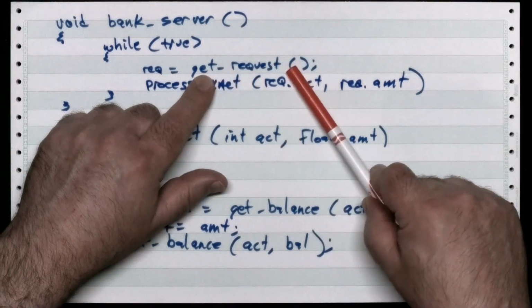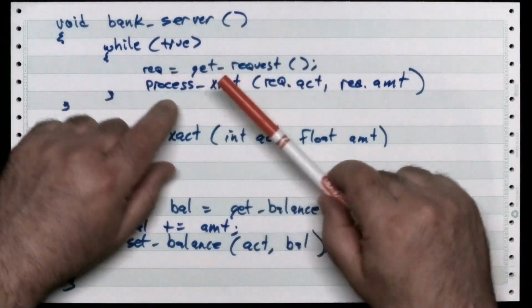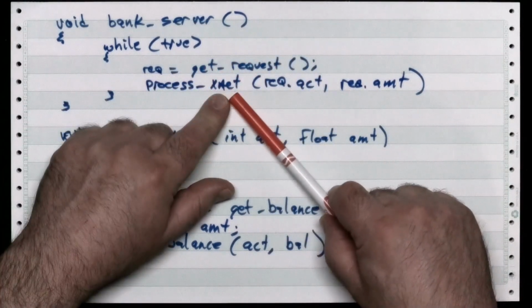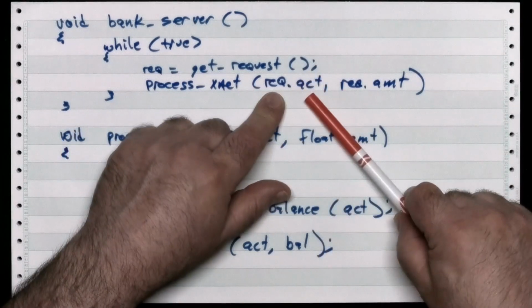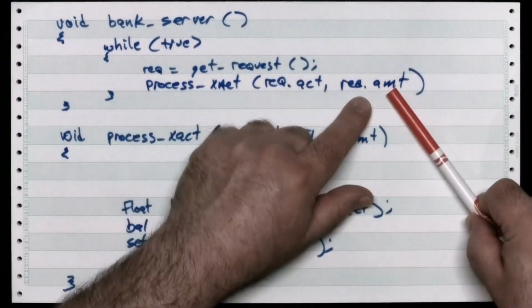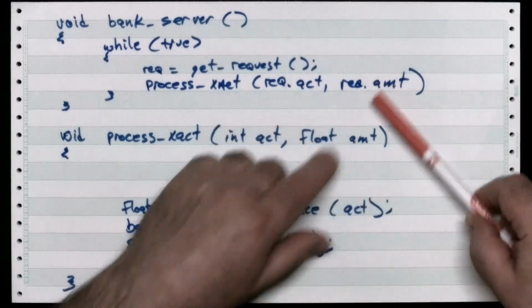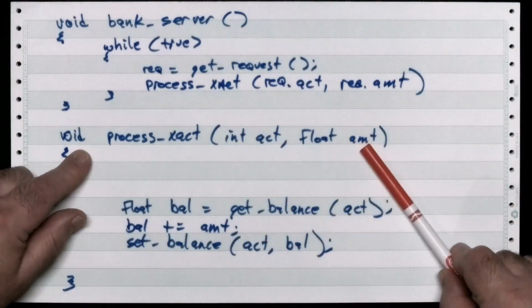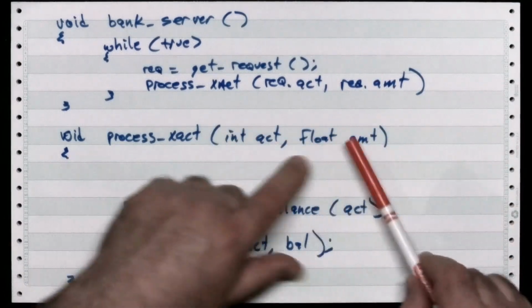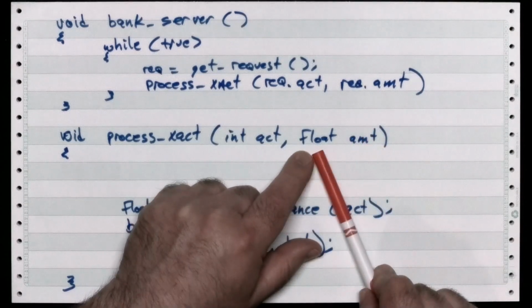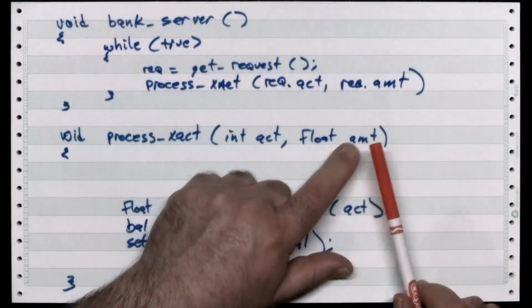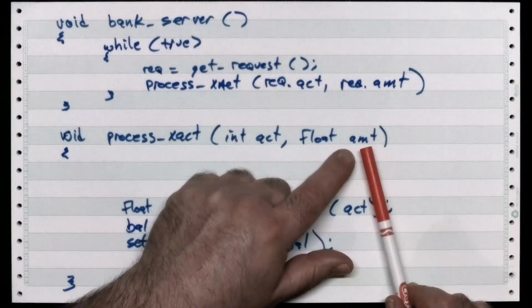So let's say you get a request, save it in a variable. You then say, I want to process this transaction for this account, and I want to adjust it by that amount. Maybe this will be a function that might look like this. The accounts are maybe all integers, and the amount would be represented in a floating point number. If it's positive, I would argue it's a deposit.